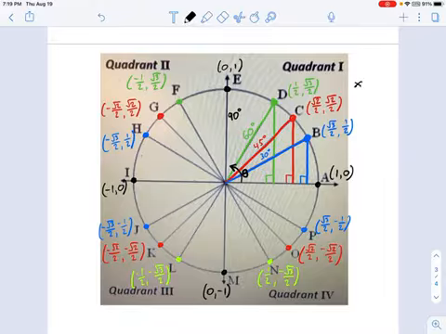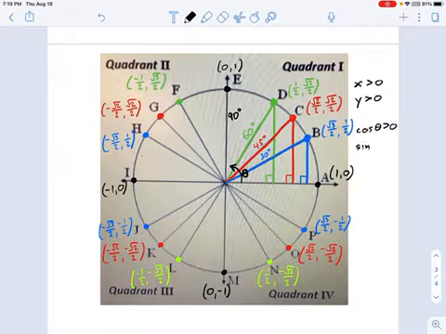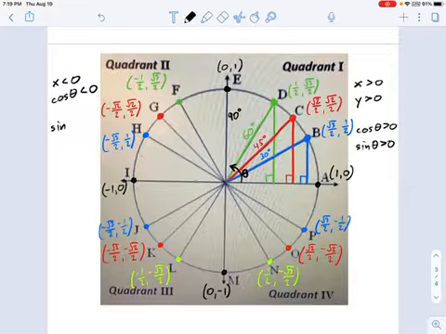In quadrant 1, x is greater than 0 and y is greater than 0, which means cosine of theta is always greater than 0 and sine of theta is always greater than 0. But how about in quadrant 2? Well, over here, x is negative, which means cosine of theta is also going to be negative. But the y values are still positive because it's above the x-axis. So that means the sine of theta is also going to be positive.